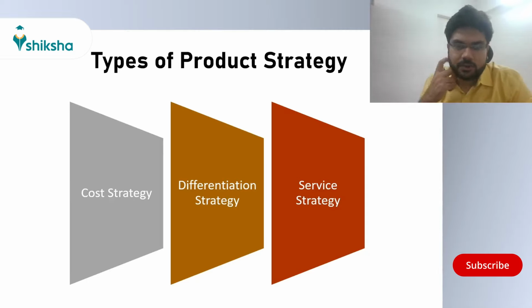Now, a cost strategy product is usually a product which is introduced at a very low cost, for which cost is not a barrier. So, if you talk about some freemium products, normal games that come on Android or iOS applications, which are free for the users, their main target is to increase their user base.